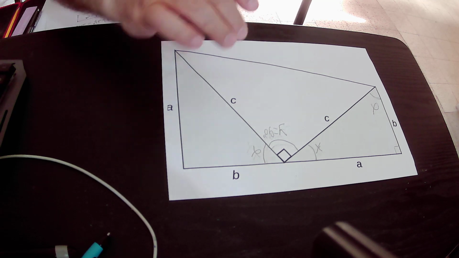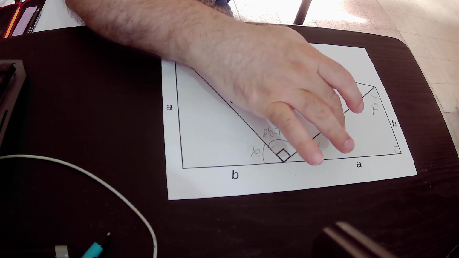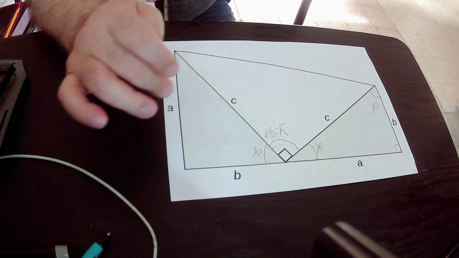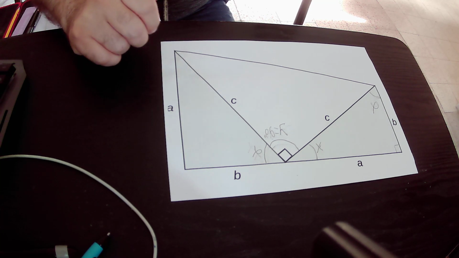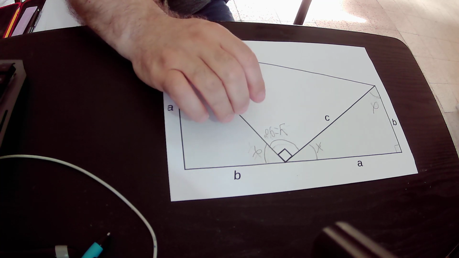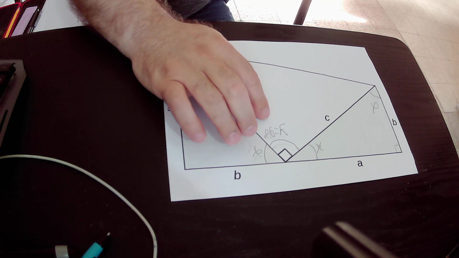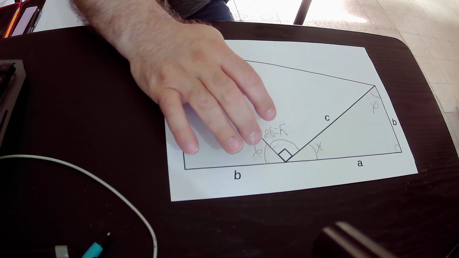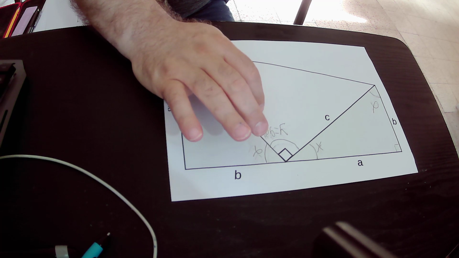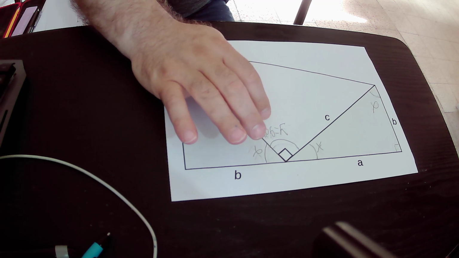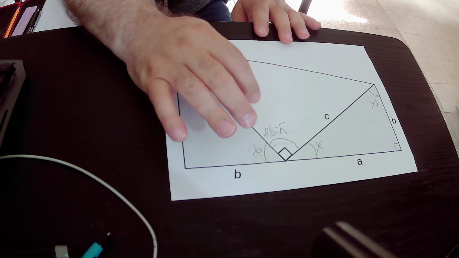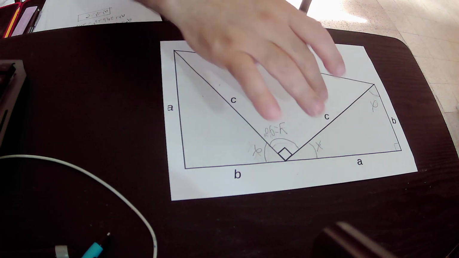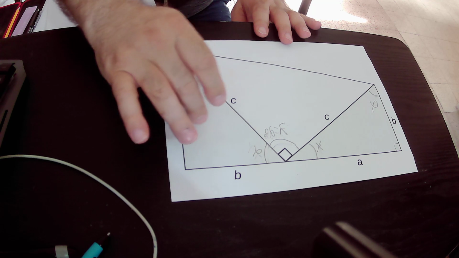So we made a copy of this right triangle here, and then we found out that this angle in the right triangle is 90 degrees, and for that reason the middle triangle is also a right triangle. So we have here 3 right triangles.